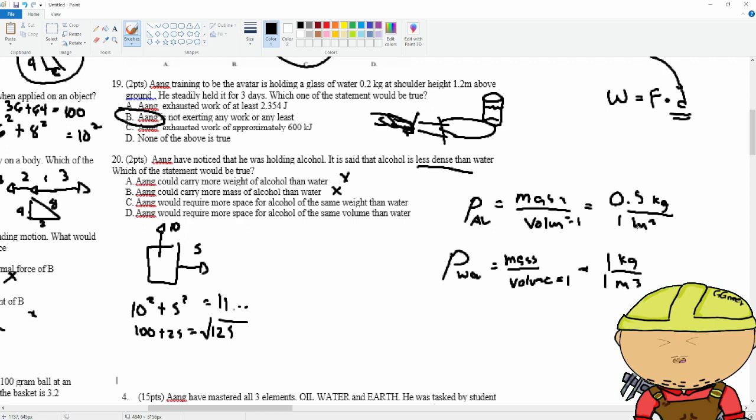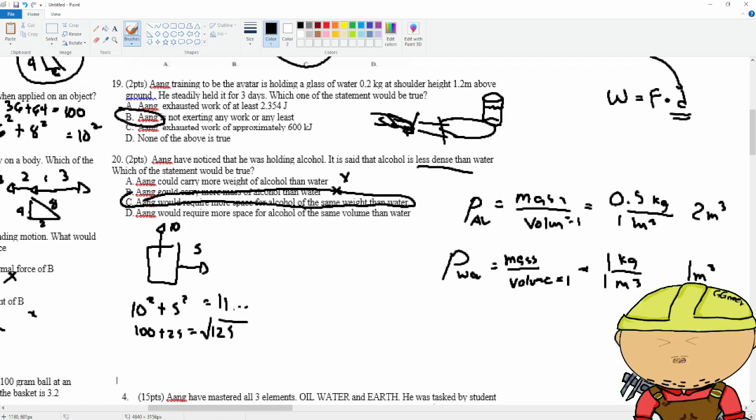Yes, because in order to get 1 kilogram of alcohol, you need 2 meter cube of alcohol, while in order to get 1 kilogram of water, you need 1 meter cube of water, because that is dimensional analysis.